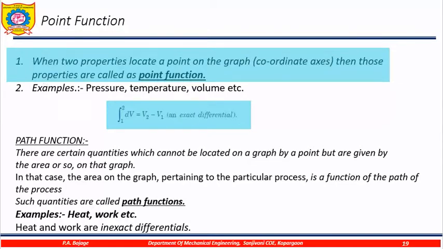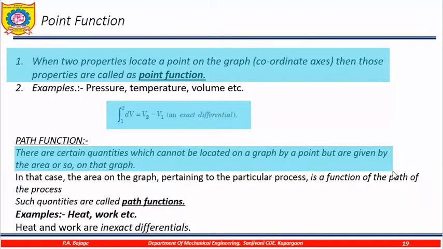So, what is a path function? There are certain quantities which cannot be located as a point on the graph, but are given by the area on that graph. In a graphical representation, a point cannot be given, but an area on the graph can be located. Such quantities are the path functions.